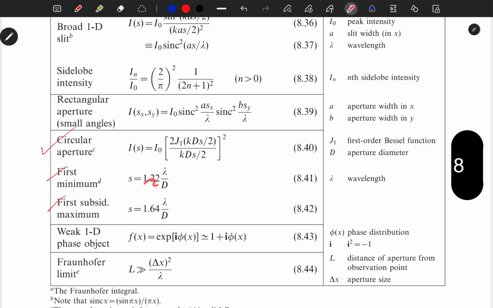The first minima will be d sin theta equal to 1.22 lambda. The first maxima is d sin theta equal to 1.64 lambda. This is for the first maxima. For the first minima, 1.22 lambda.